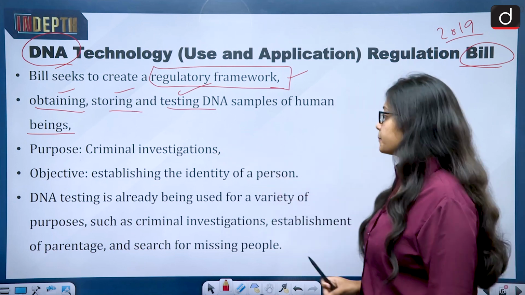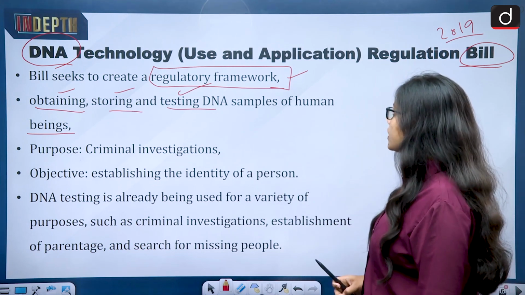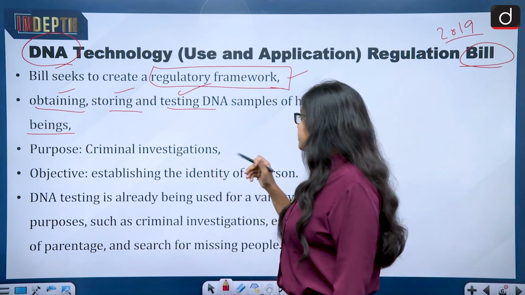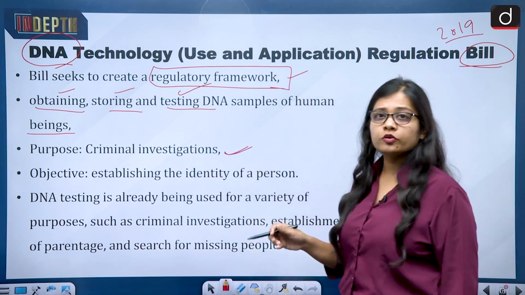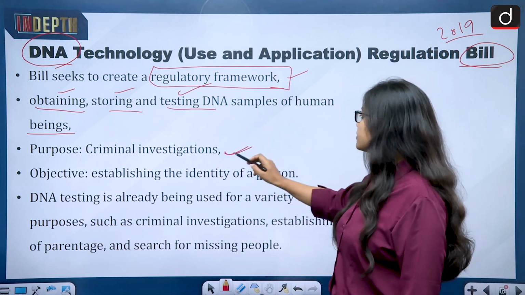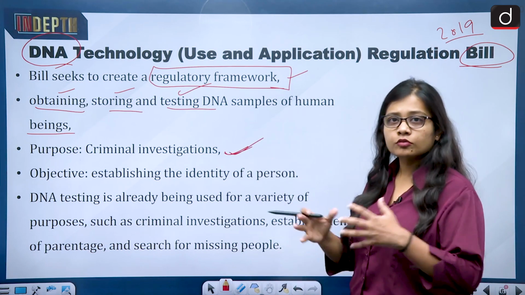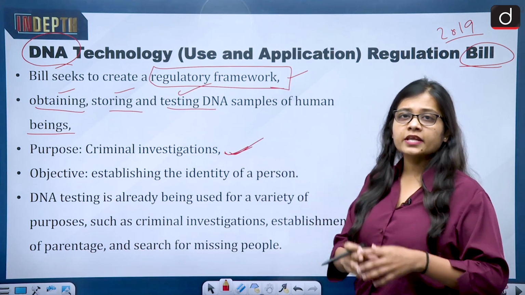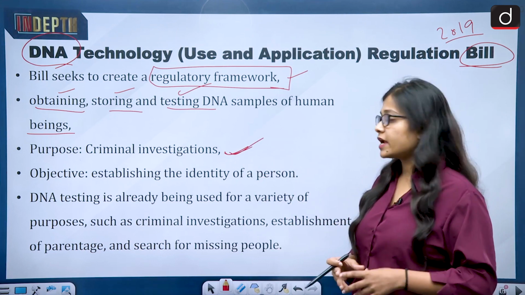The purpose of the DNA technology bill was criminal investigations, to use human DNA samples in criminal investigations so that a repository of criminals can be prepared and stored at one stand.